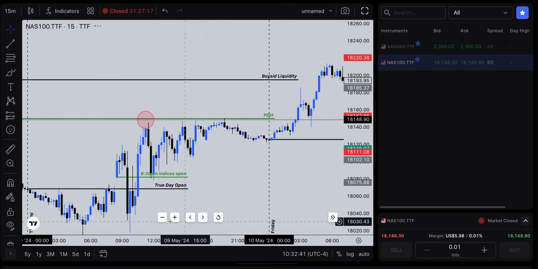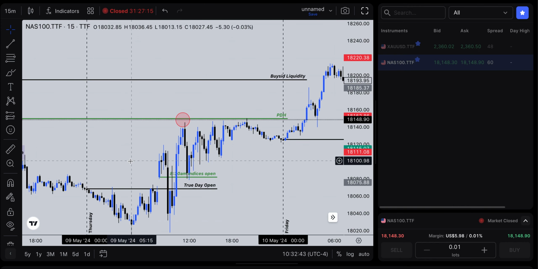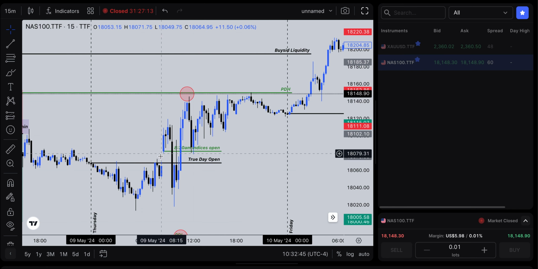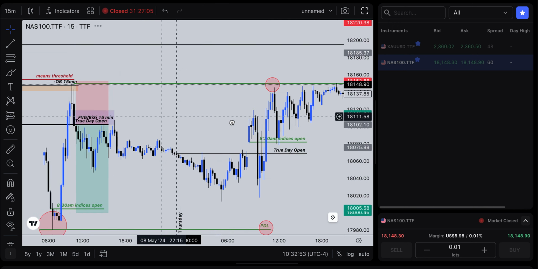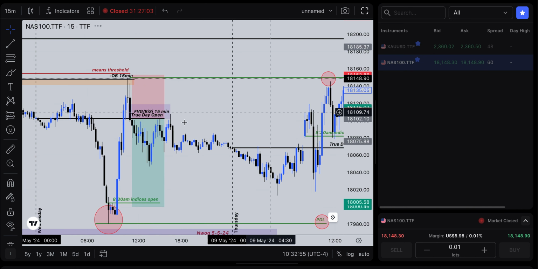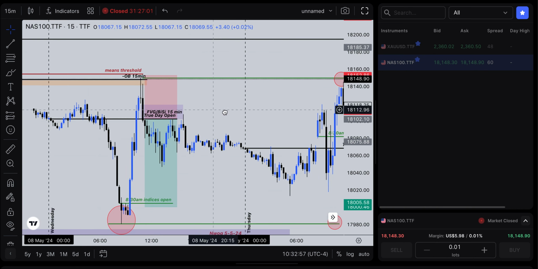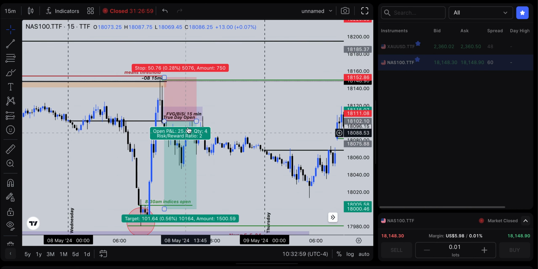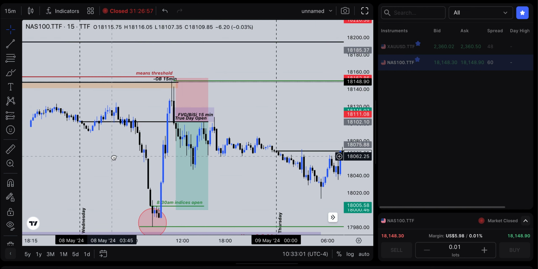I didn't take any trades on Thursday because I didn't like this gap, and I knew there would have been a lot of manipulation in the market. This is a trade I was watching. I didn't take this trade because I lost the previous trade.